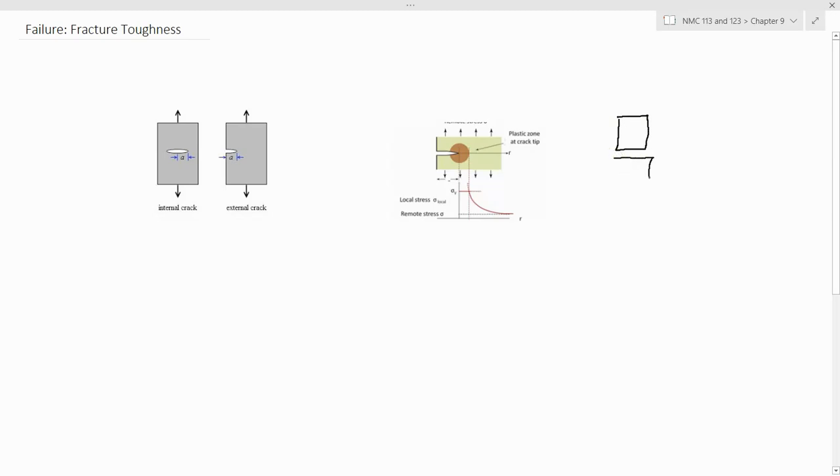You find that now you have a brittle failure. It's like glass. When you break a glass, you find that the two surfaces are relatively flat. So this would be a type of failure which is a brittle failure, and a ductile failure would look something like this.